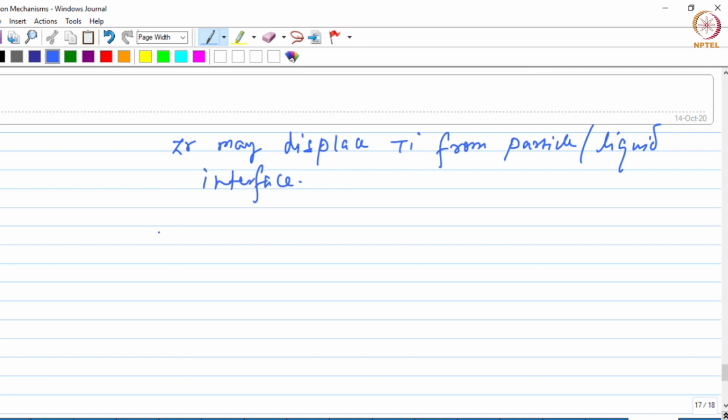And apart from that, complex compounds such as aluminides, borides, silicides, which do not really have any nucleating ability, can also form, and that can lead to the decrease in the grain refinement efficiency.